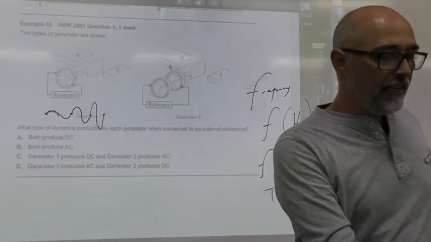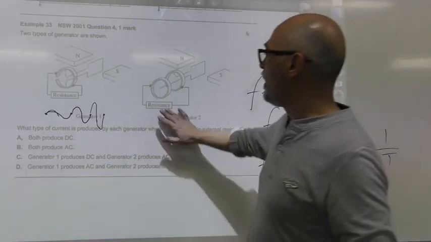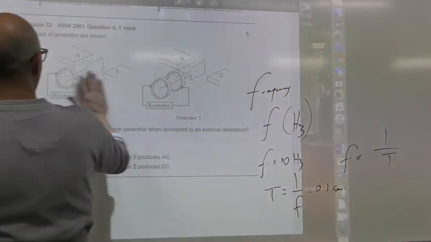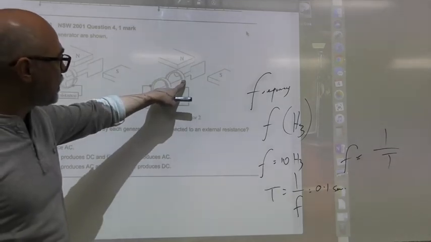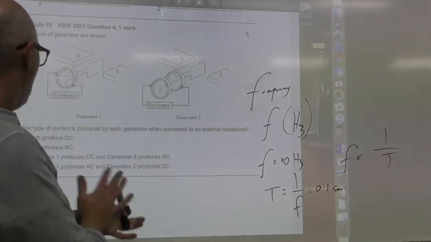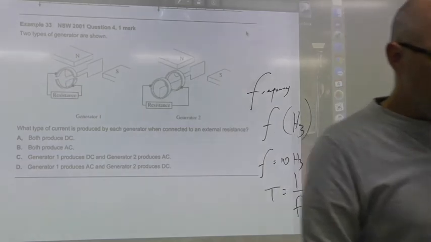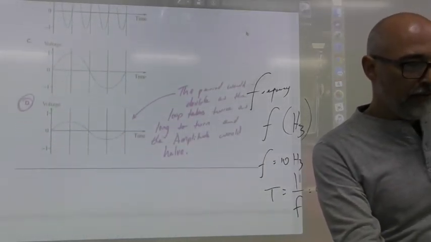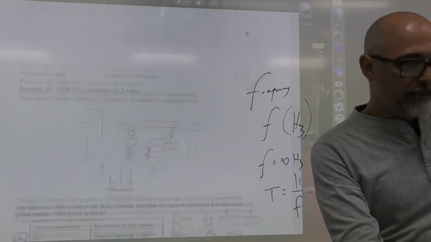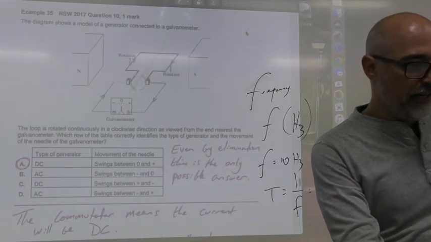Here's another nice, a much more blown up version of what the split ring commutator looks like and what a slip ring looks like. Okay? All right, but an easy question, so I haven't really done it. Again, same idea, that's what I just covered then.